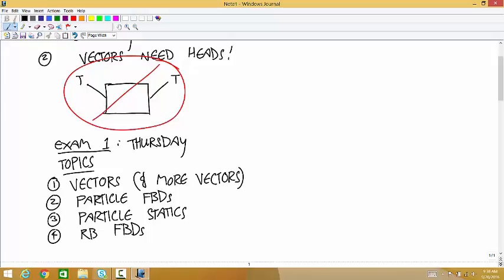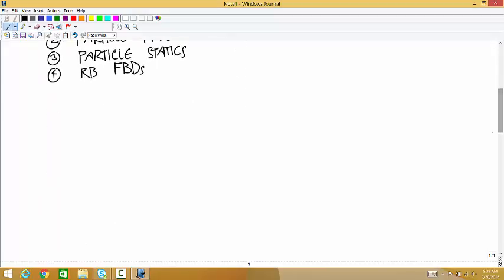Anybody have any questions? Yes. For free body diagram, the homework number 1. Mm-hmm. So how do I define the joint? Didn't it say any hint what the joint should be? Do you have it with you? Yeah. Can I look at it? So rigid body free body diagrams, number 1.